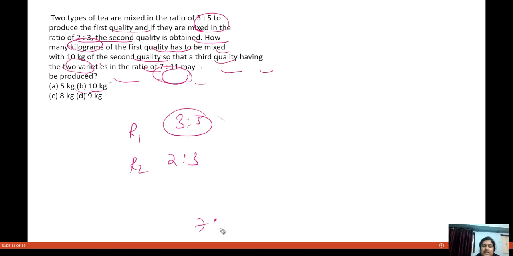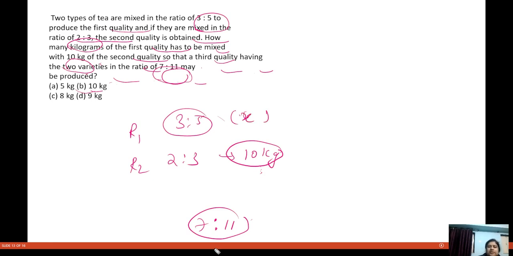So now we want a 7 is to 11 ratio here, but we are having 10 kg of this quality, and we want some x amount of the other quality so that this comes into 7 is to 11.